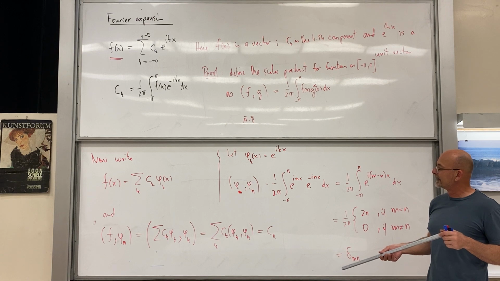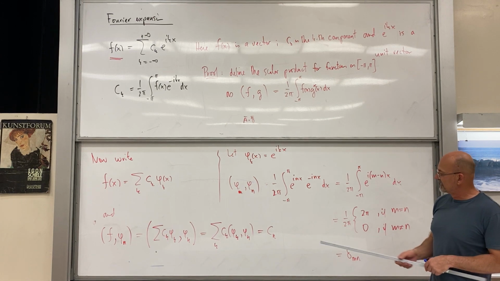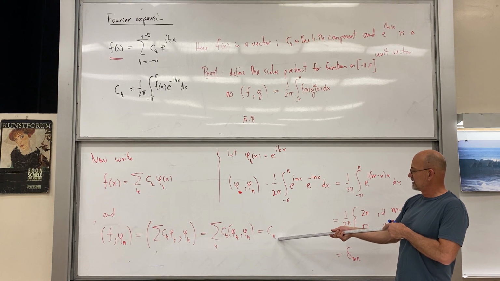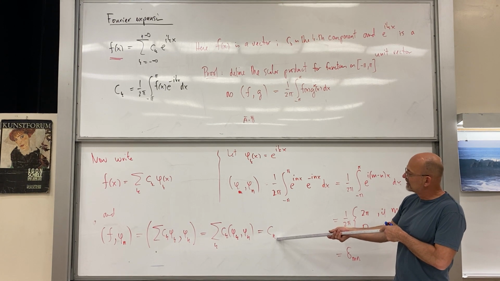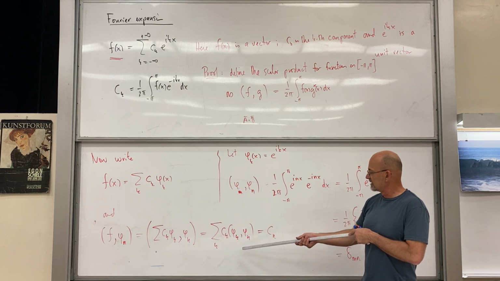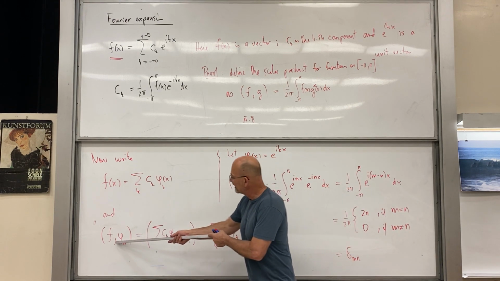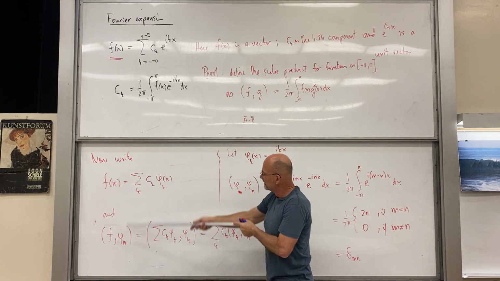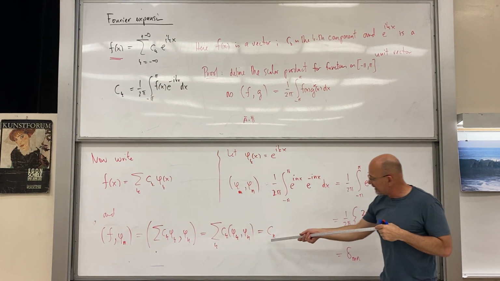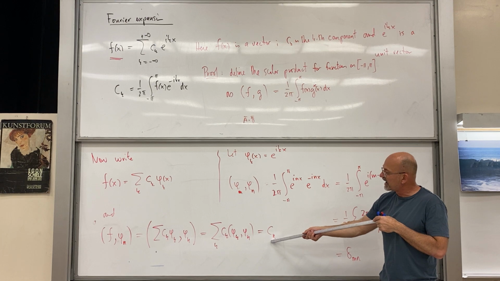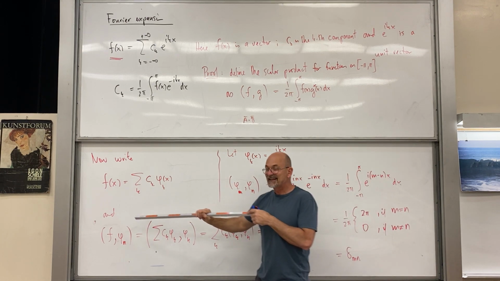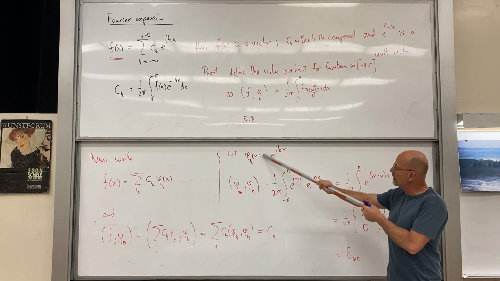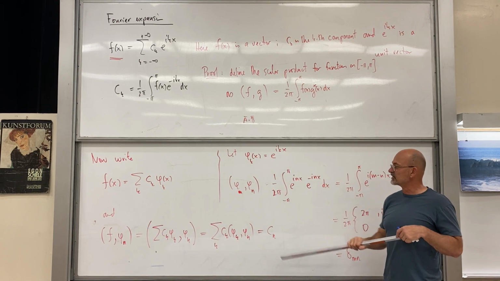And now that we see that, replace n with k, and this here is that scalar product. Okay, so that's the meaning of the coefficient C sub k really comes out of a scalar product in a function space with orthonormal functions, orthogonal functions.